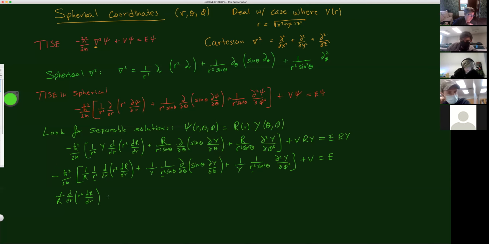So what do I have? I have minus 2m r squared, because I multiplied through by r squared, and the 2m is on top now over h bar squared. And then I have V, which is only a function of r, minus E. So just a little algebra, skipping steps here. I multiplied everybody by minus 2m over h bar squared, I multiplied everybody by r squared, and I pulled the E over. Okay? All right, so now look, this is all a function of r.